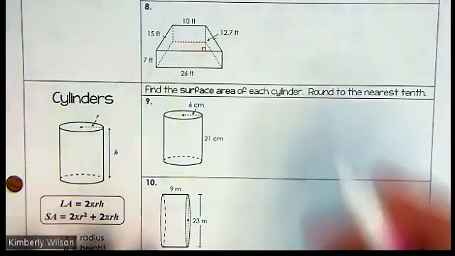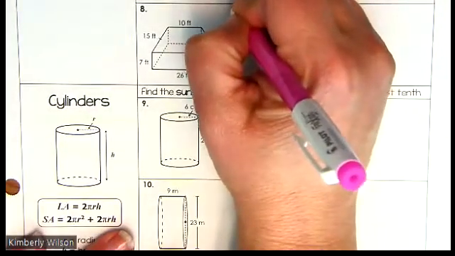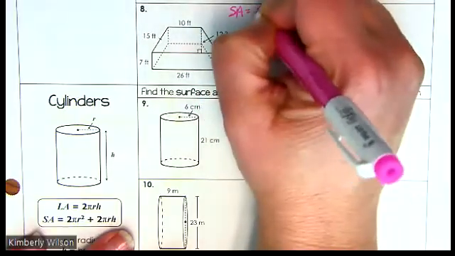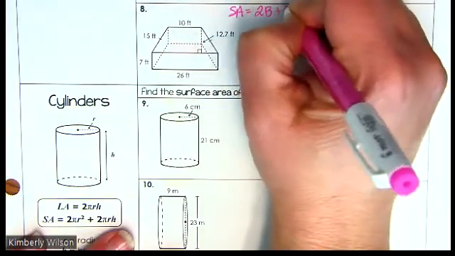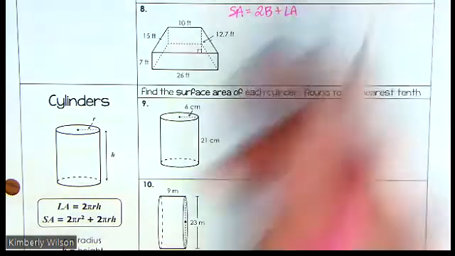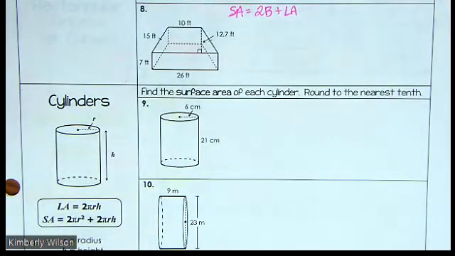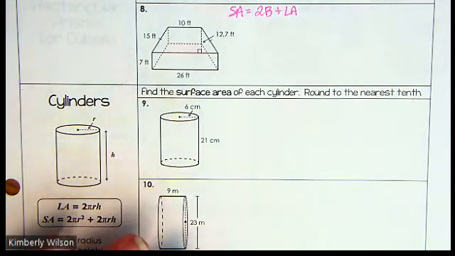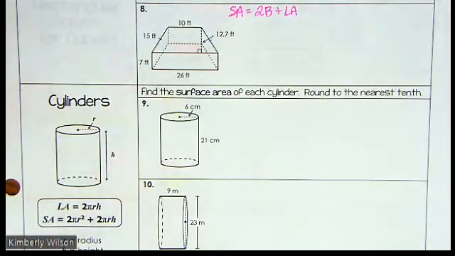All right, so still the same formula. Surface area equals 2b plus the lateral area. Well, I've got to find what the base shape is. But first, I'm going to go through and label things. Okay.